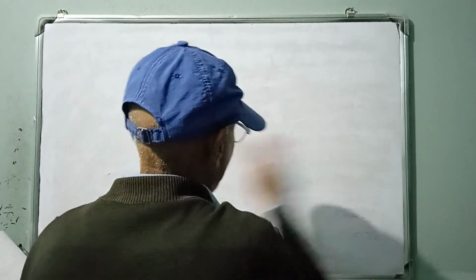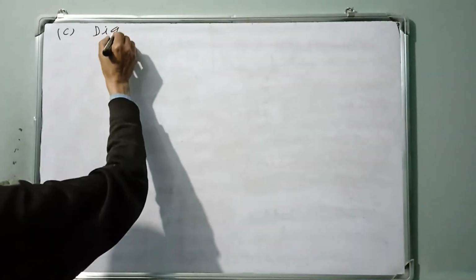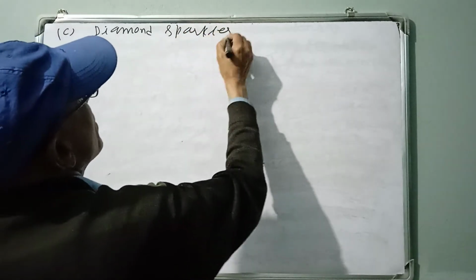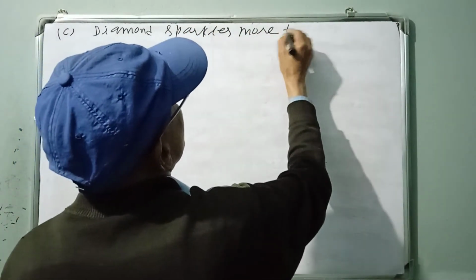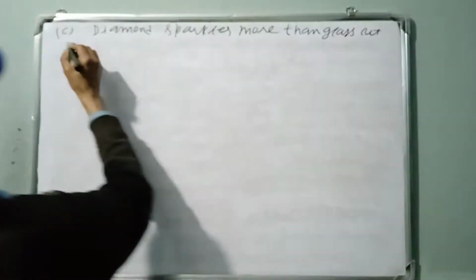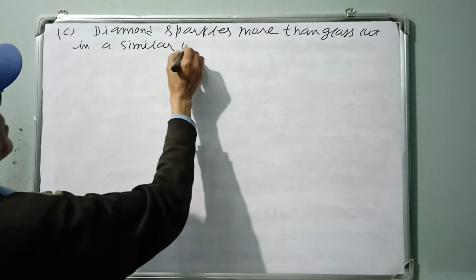Question number C is, see, diamond sparkles more than glass cut in a similar way.